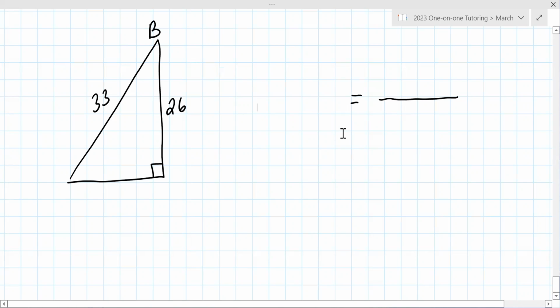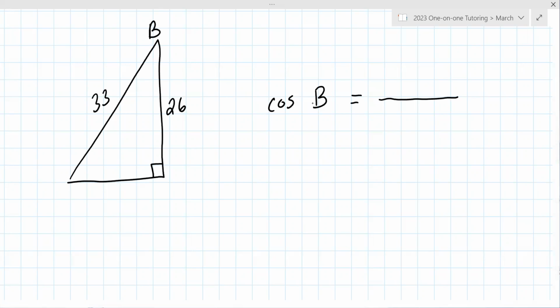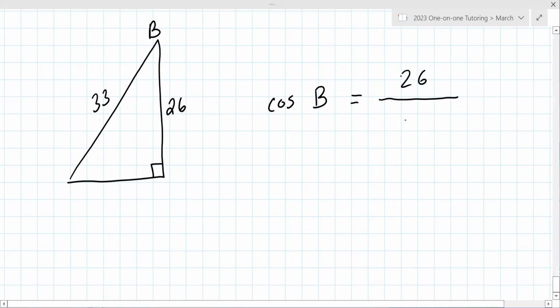Well, in this case, we're going to be using the cosine. The cosine of B, very good. And then that in this case would be 26 over 33.